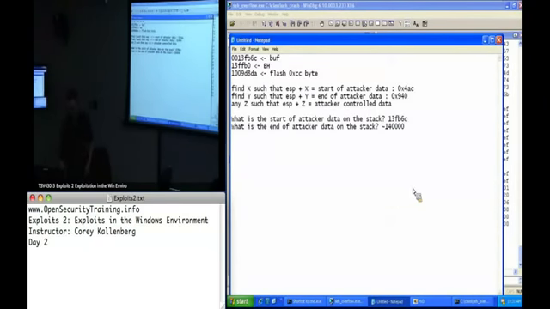So what we need to do is find a series of instructions that make ESP equal to our data, then execute a return. Essentially what we have to find is a function of that form.